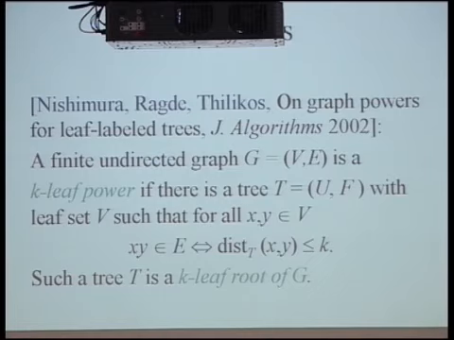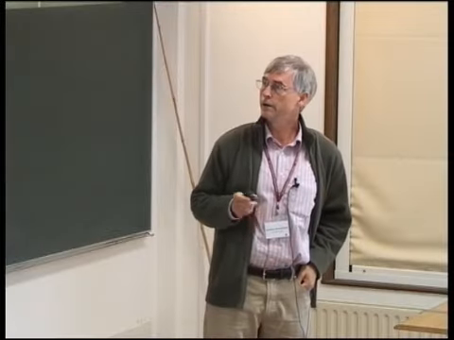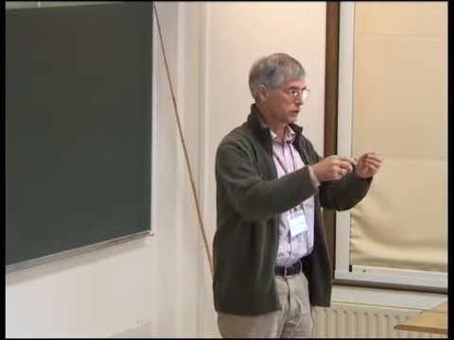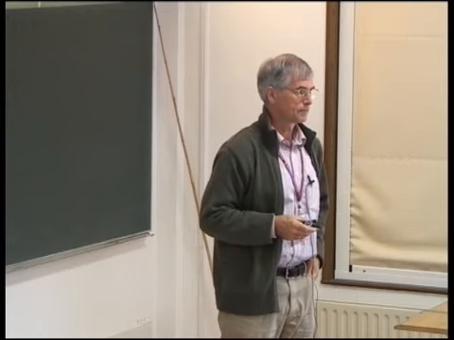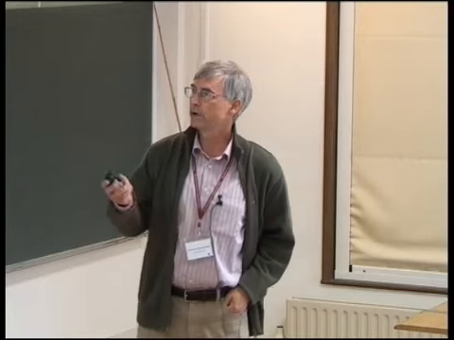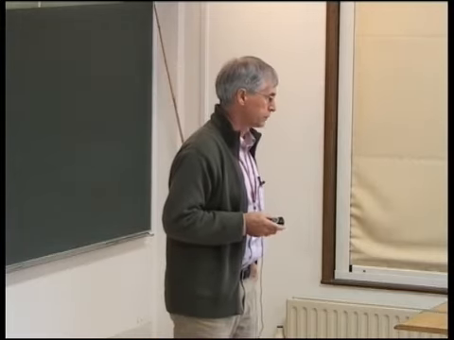A finite undirected graph G is a K-leaf power if there is a tree T such that the leaf set of T is the vertex set of G, and you fulfill the distance condition. Vertices X and Y of G form an edge in G if and only if they are close to each other in the tree. And such a tree T is called a K-leaf root of G.